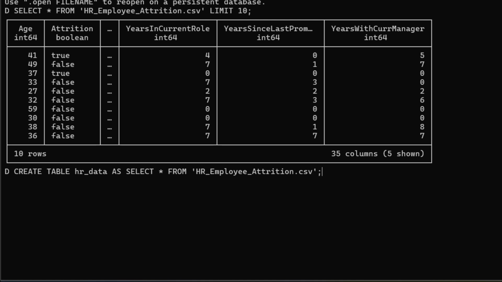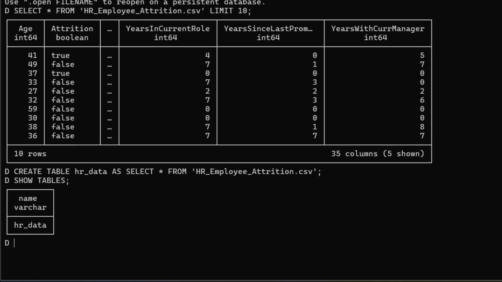Now we create the table and name it HR data, as we just copied this line. Select star from the CSV file name. So the table is created. We got a table HR data. To confirm that, let's show tables. And yes, the table is created and the table name is HR data.